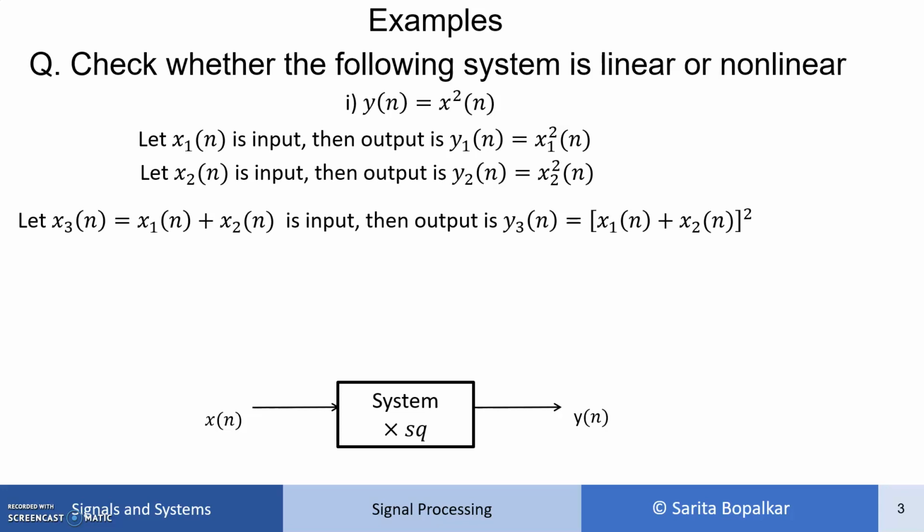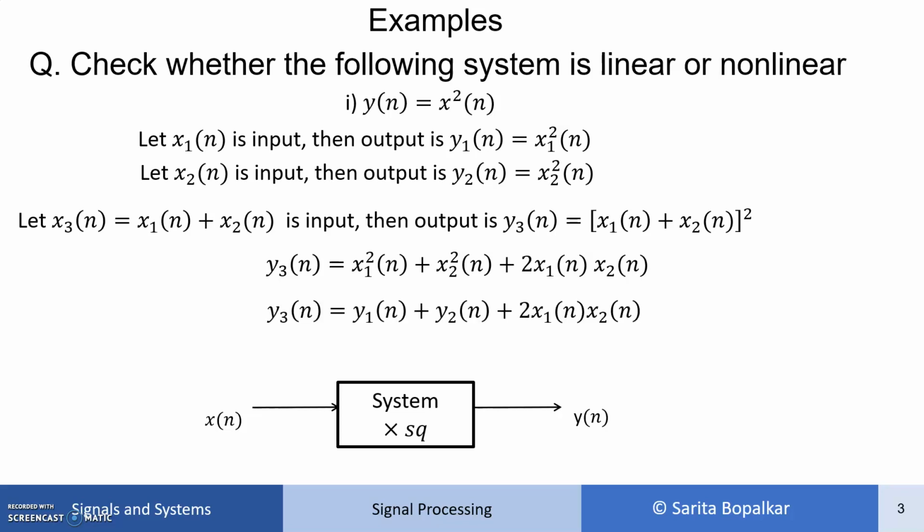So x3(n), the summation of x1(n) and x2(n), is the input, and the output squares the input. That means (x1(n) + x2(n))². Now let's expand this square: x1² + x2² + 2·x1·x2. We know that x1² is y1(n) and x2² is y2(n). We can write it like this.